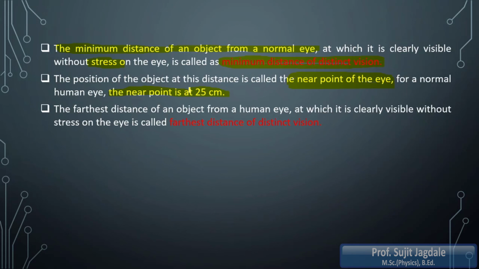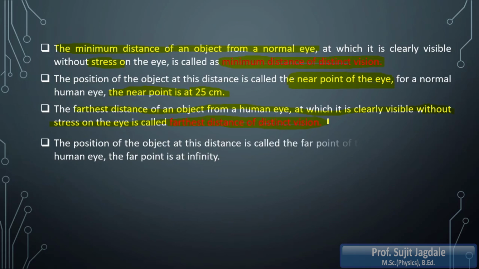In the same way, our eye has a farthest distance of an object at which it is clearly visible without stress on the eye, which is referred to as the farthest distance of distinct vision. The position of the object at this distance is called the far point of the eye. For a normal human eye, that far point is nearly at infinity.